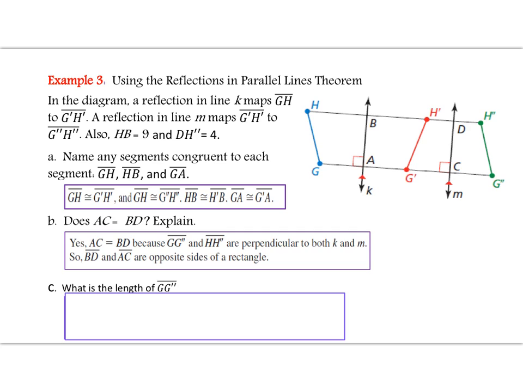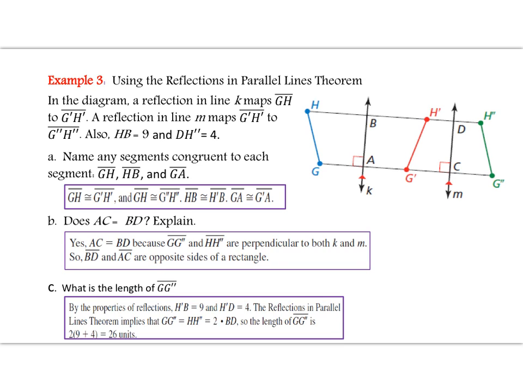Yes, AC does equal BD because segment G to G double prime and segment H to H double prime are perpendicular to both line K and M. So segment BD and segment AC are opposite sides of a rectangle. Next, what is the length of segment G to G double prime?